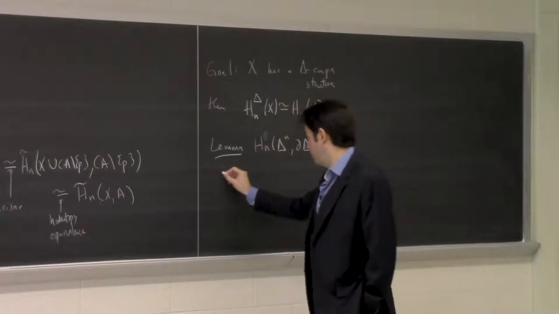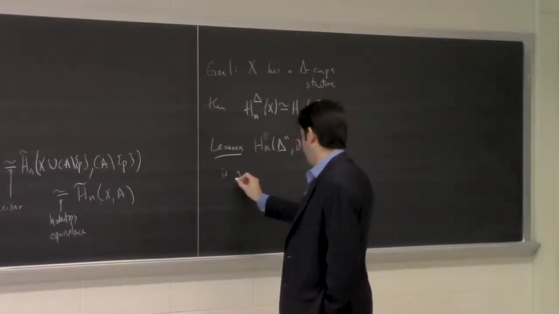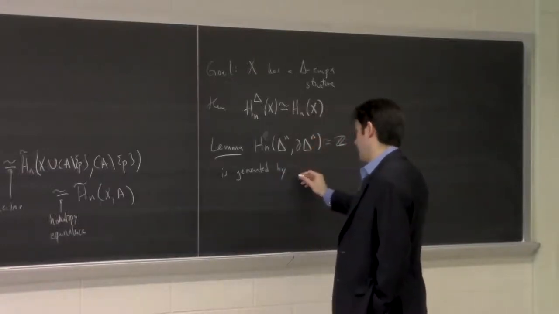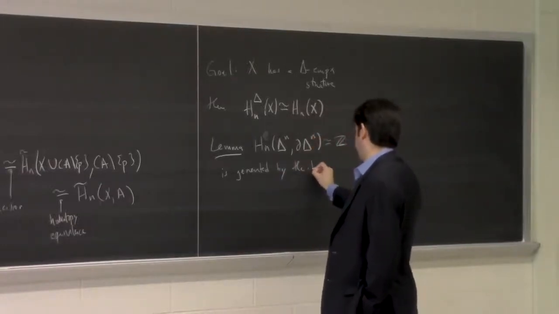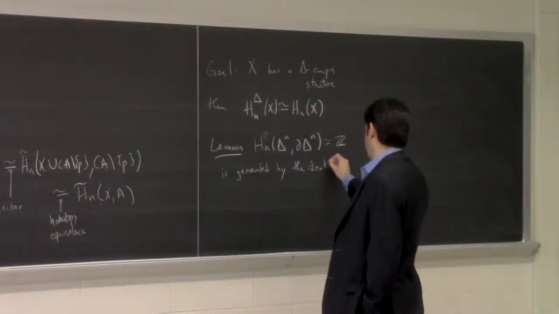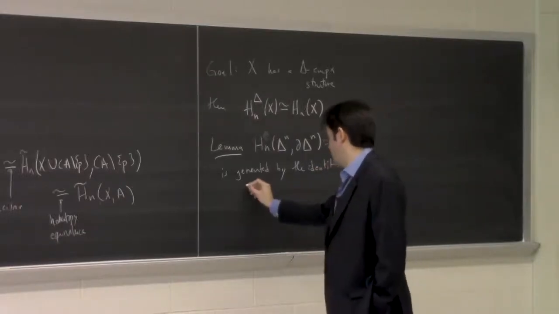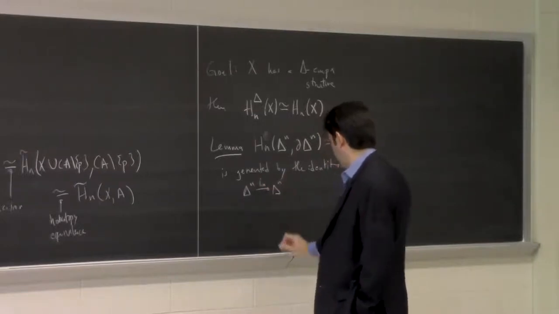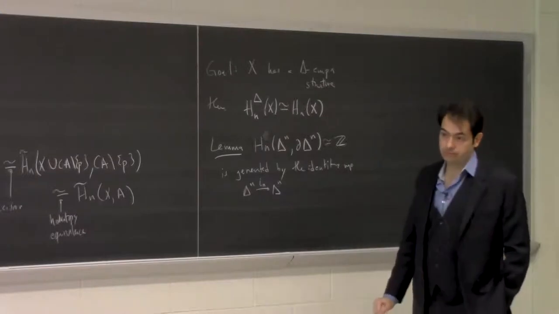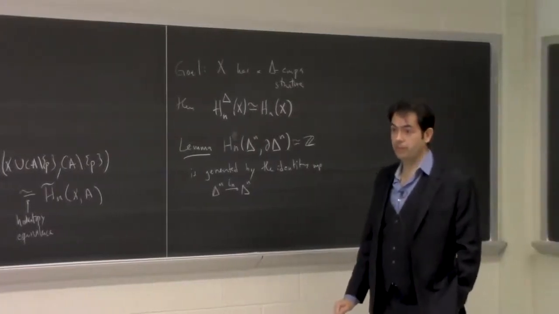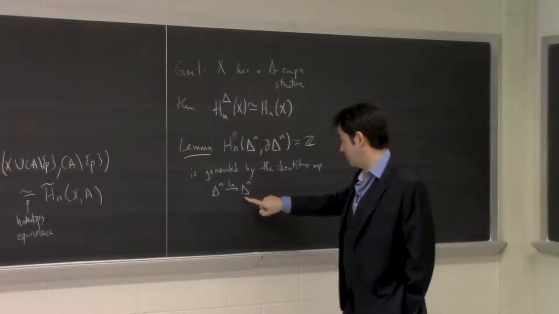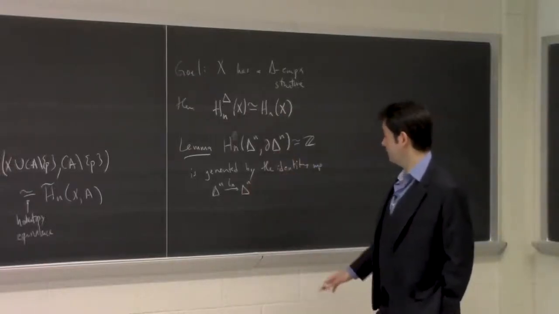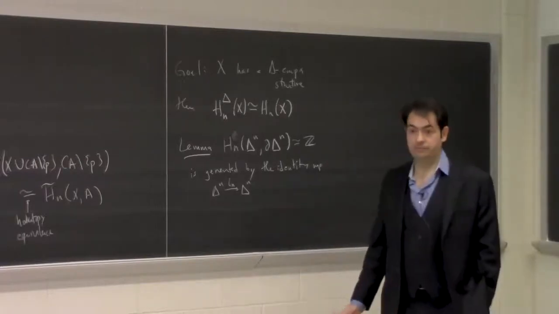So the statement here is that this is generated by the identity map, which I'll denote i_n. This is a singular n-simplex, and so it defines a class in here, and the claim is that that class generates.